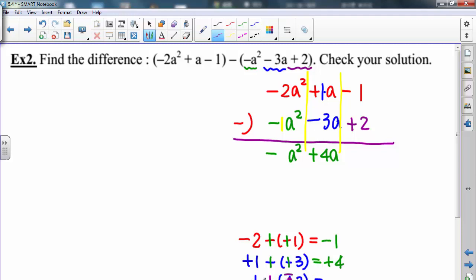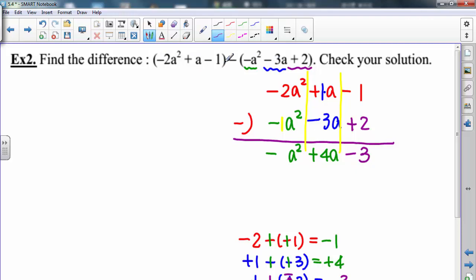I lost $1, I continue to lose $2, so I lost $3 in total. This is the reason why we get -3. So -a squared plus 4a minus 3 is the subtraction result.